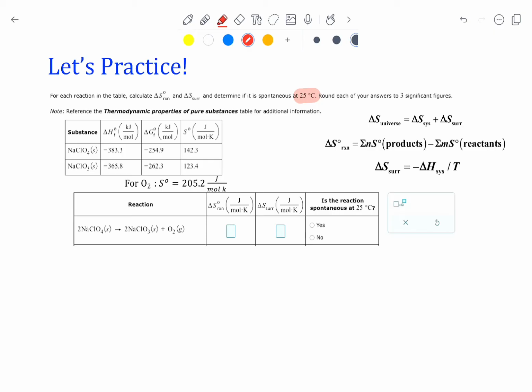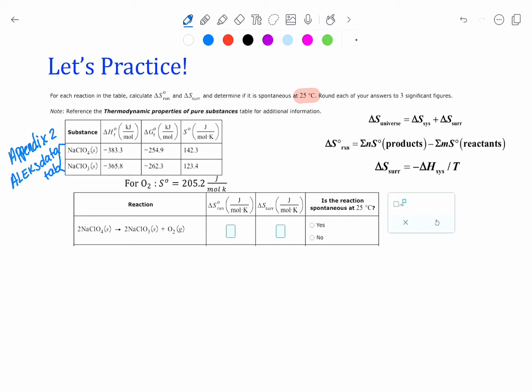This does come from your ALEKS homework, and you're given a few more reactions in the problem that you'll be getting. So remember, if the reactants or products are not in this table, you can also look in Appendix 2 or in the ALEKS data tab to find the values that you will need.